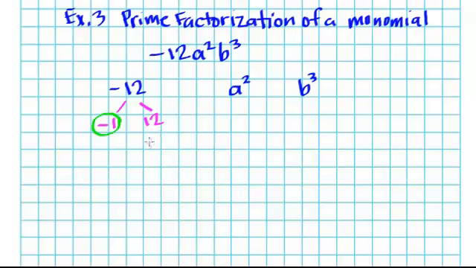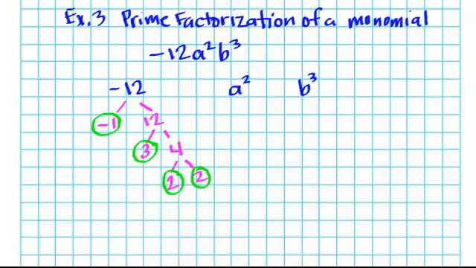Two numbers multiplied together that give me 12: 3 and 4 work. Can I factor anything else out of 3? No, I'm done there, so this is my prime number. But what about 4? Yes, I can. I know 2 times 2 is 4. But I can't factor anything else out of 2, because 2 is a prime number. So I'm done right there.